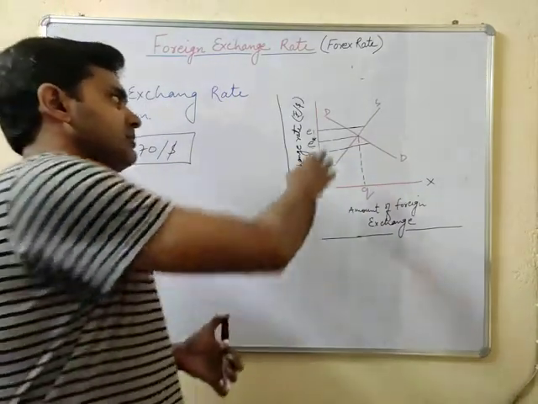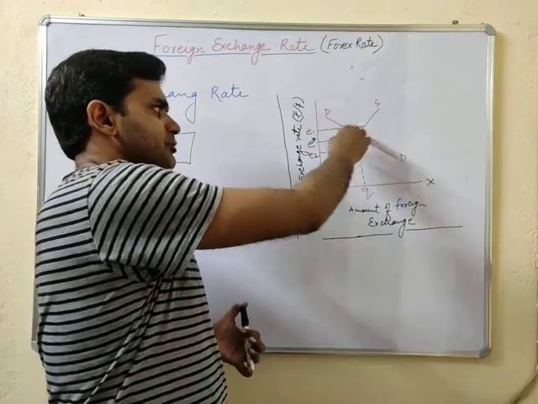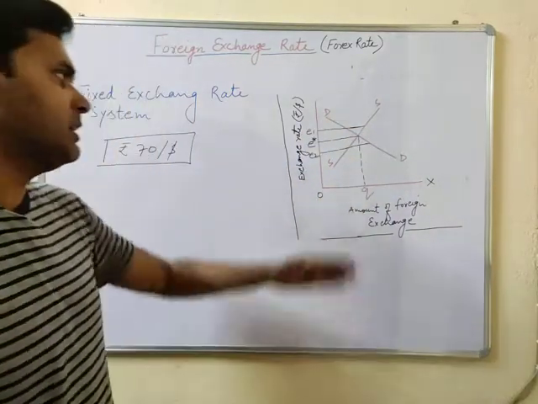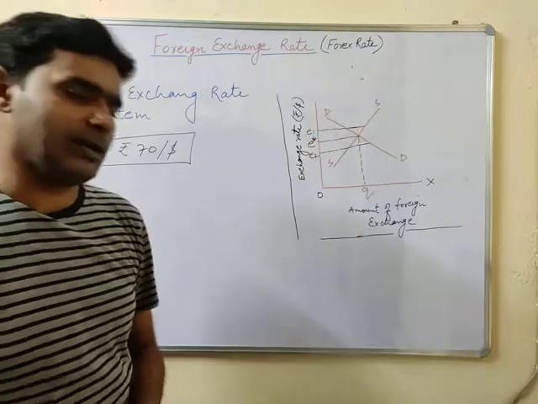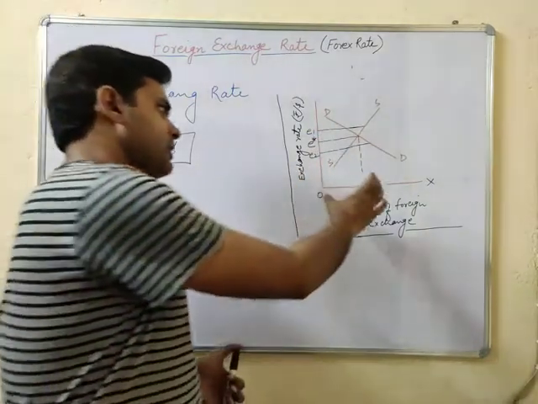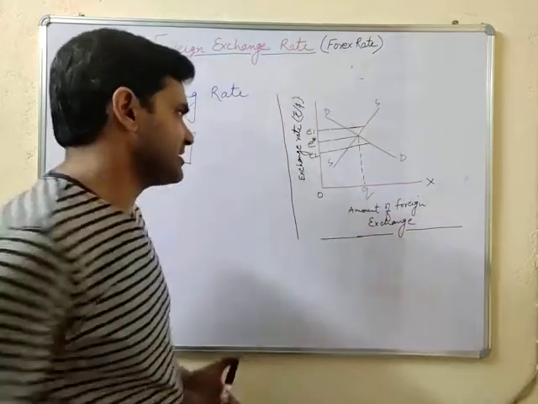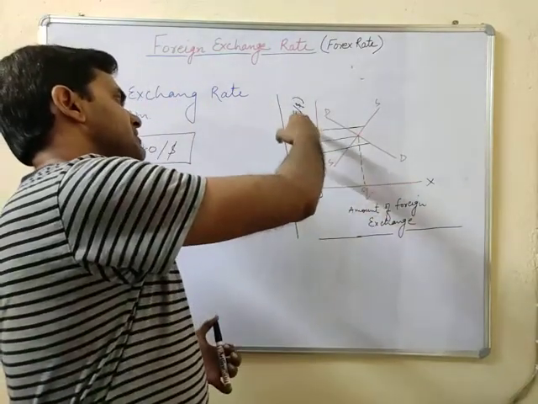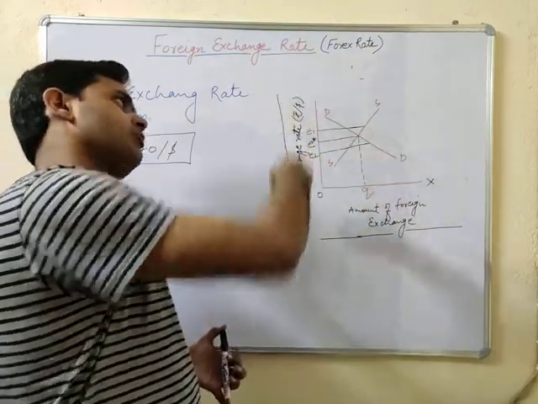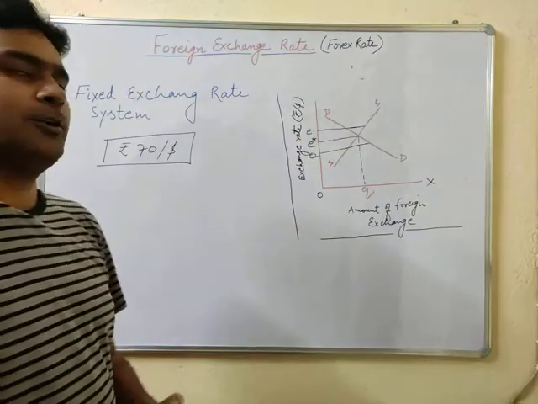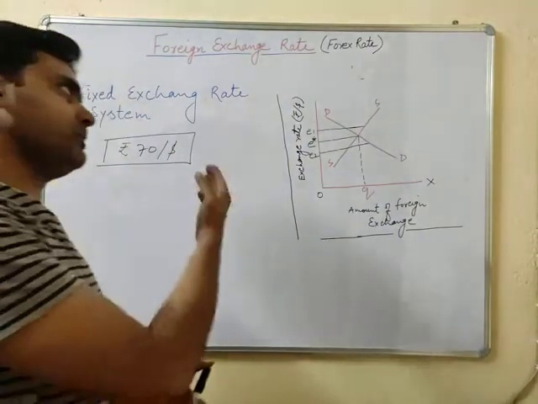Now we can understand its determination with the given diagram. Again, this DD curve shows the demand for foreign exchange curve, and the SS curve shows the supply of foreign exchange curve. We are measuring the quantity of foreign exchange on the x-axis, and the exchange rate on the y-axis in terms of dollar per rupees or rupees per dollar.